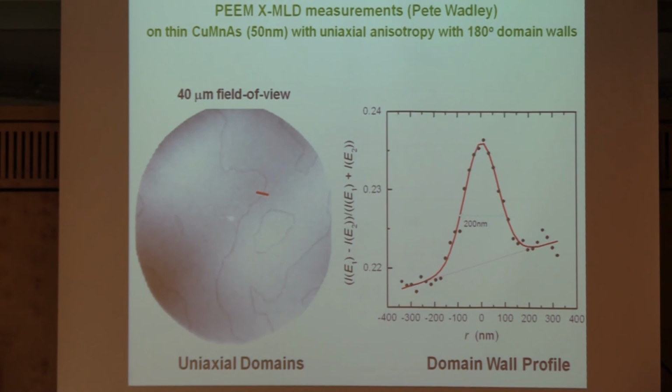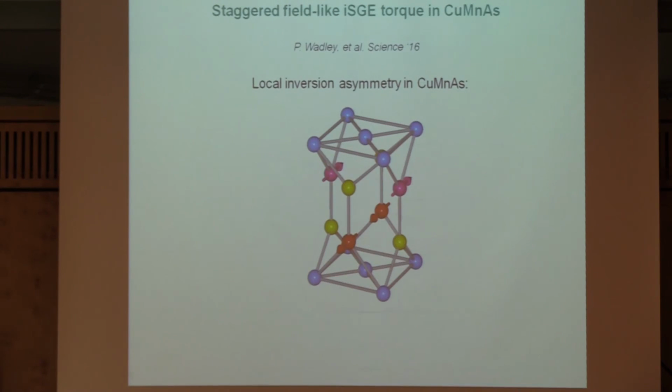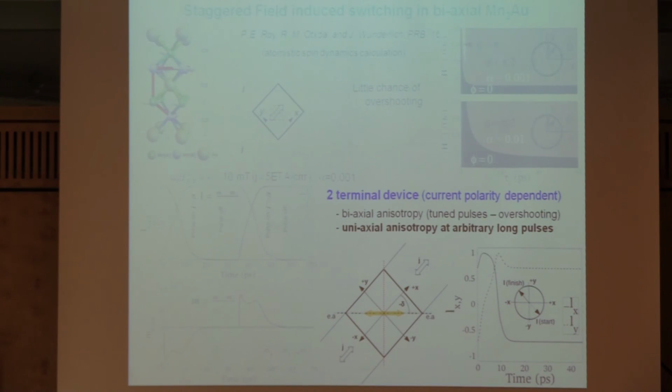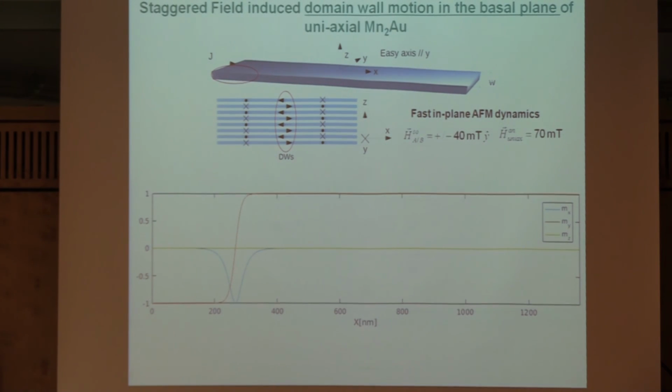But in stronger systems like this manganese 2 gold, which has stronger anisotropy, the width you would expect, it's not detected, it's just expected, and therefore it's shown here, is also of the order of about 100 nanometer. So it's rather wide, but it would depend on the anisotropy.